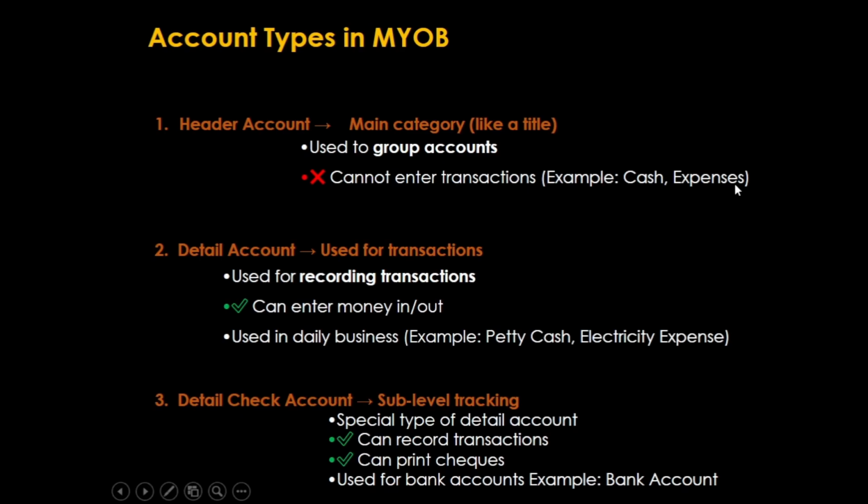As example, දැන් අපි කිව්වොත් cash කියලා අපි header account එක අරගෙන ඒක යටතේ අපිට main cash, petty cash add කරන්න පුළුවන්. එහෙම නැත්නම් අපි expenses කියලා ගත්තොත් අපිට ඒක යටතේ electricity expenses, rent, house rent, it's also expenses, water bill expense, or water bill, එහෙම නැත්නම් අපිට salary and wages, මේ ඔක්කොම අපිට expenses කියන category එක යටතේ add කරන්න පුළුවන්. cash කියන category එක main cash, petty cash ඔය විදිහට add කරන්න පුළුවන්.